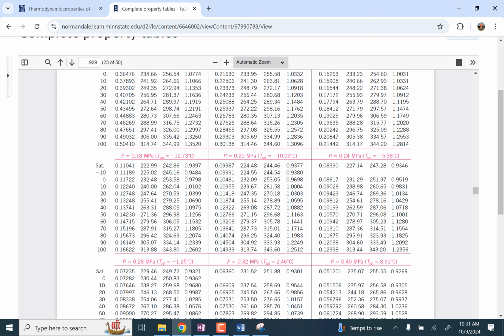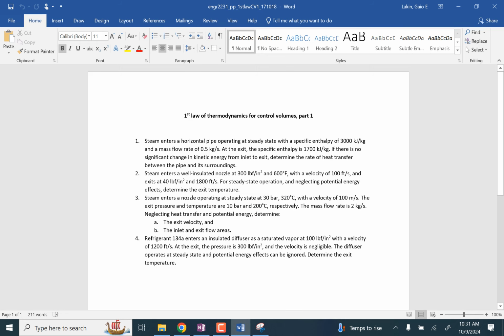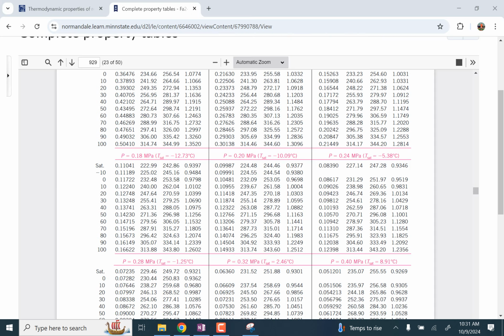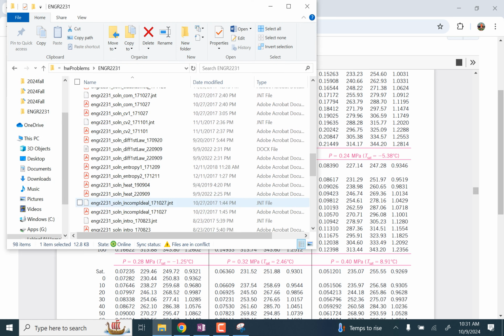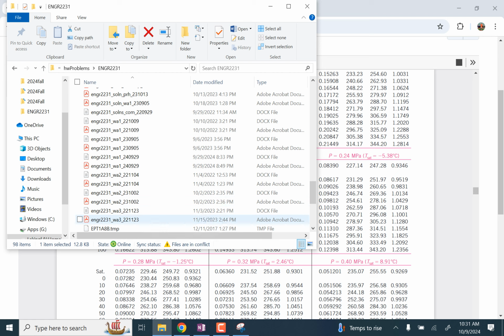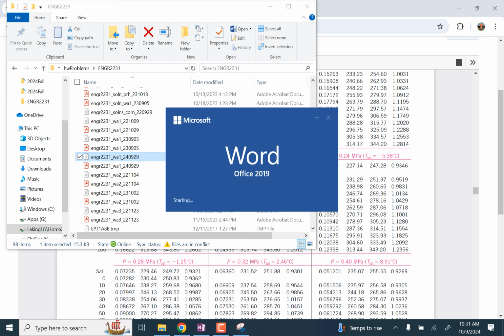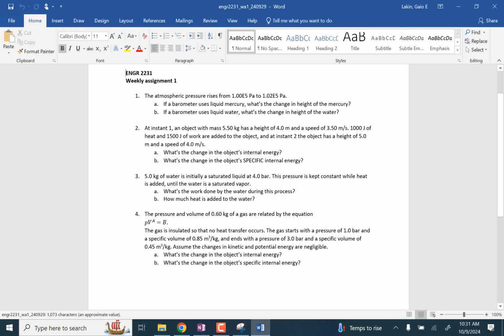Any other homework questions you want me to go over? Mine was weekly assignment number 3. Okay. I think I got all the right information from the tables. I'm just not sure what to do with it. Okay, so it's a saturated liquid.